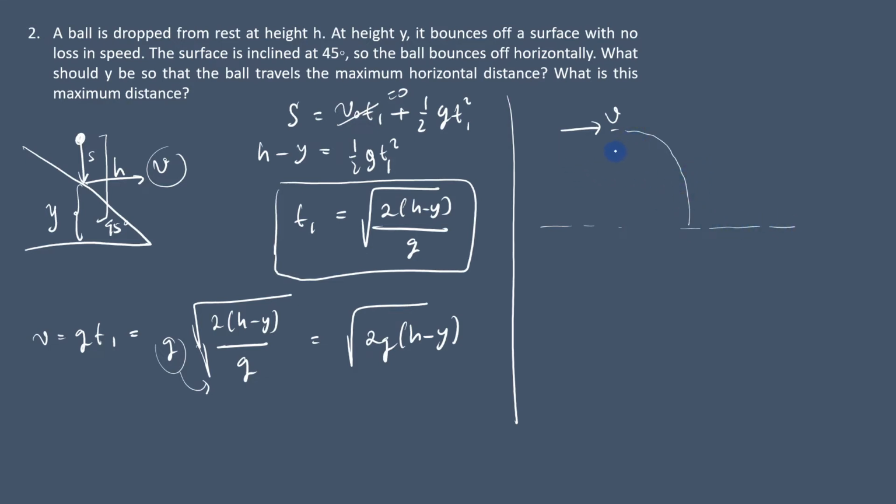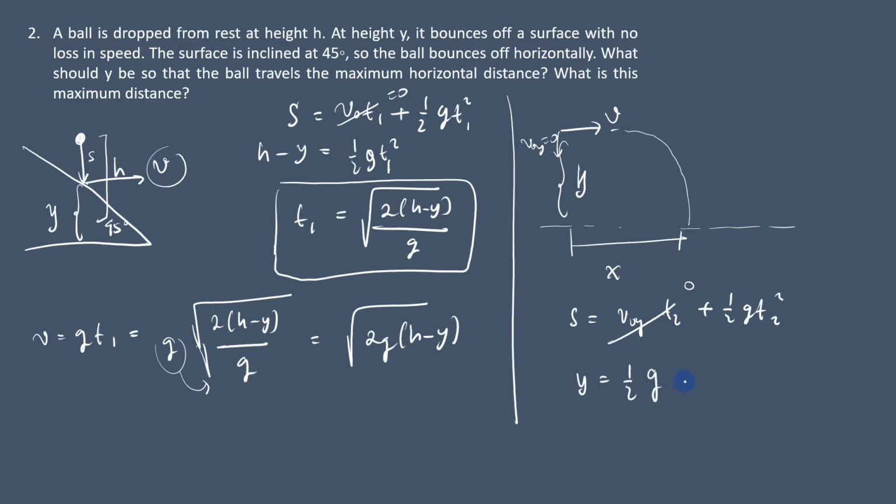Now we have the parabolic path, where the height is y and the horizontal distance is x, so we can write x equals v0x t2, where t2 is the time to hit the ground, plus 1/2 g t2 squared for the vertical motion. Substituting y, and with the initial vertical speed v0y equal to 0, we get y equals 1/2 g t2 squared, so t2 equals the square root of 2y divided by g.